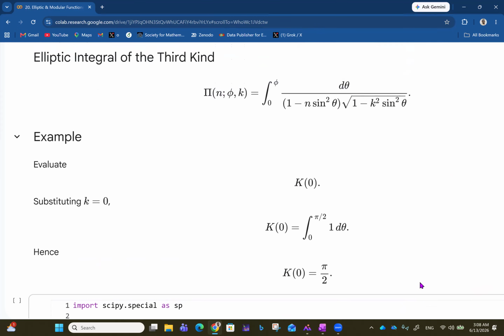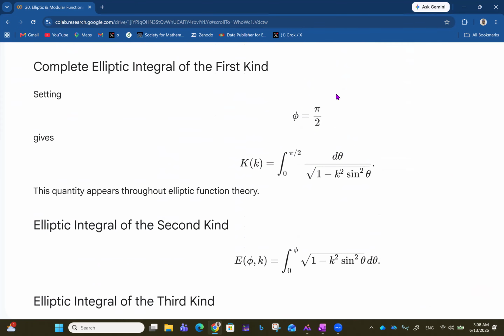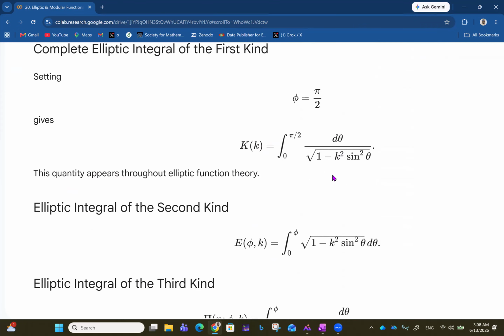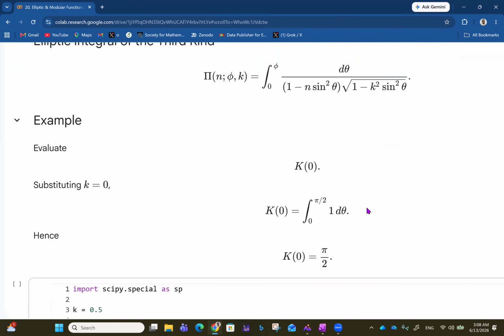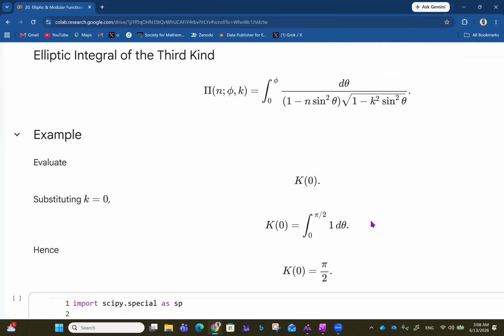By way of example, let's evaluate K of 0, just like we have K of k. Now this k is 0 here. So K of 0 would mean we have d theta over the square root of 1 minus 0, because that's all that we have left. So K of 0 will be the integral from 0 to pi over 2 of 1 over 1 d theta, and that means you just have d theta.